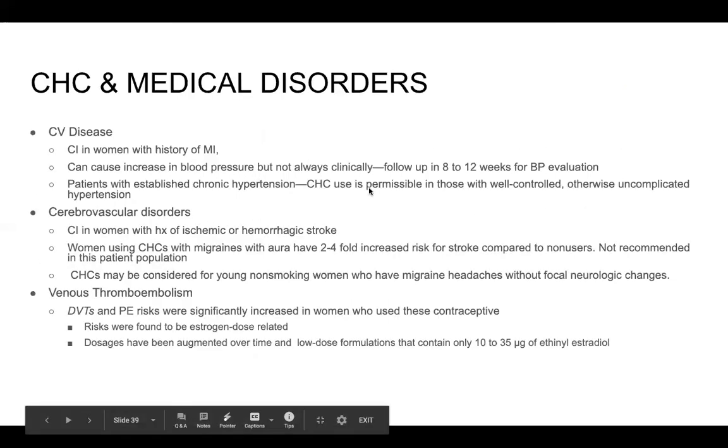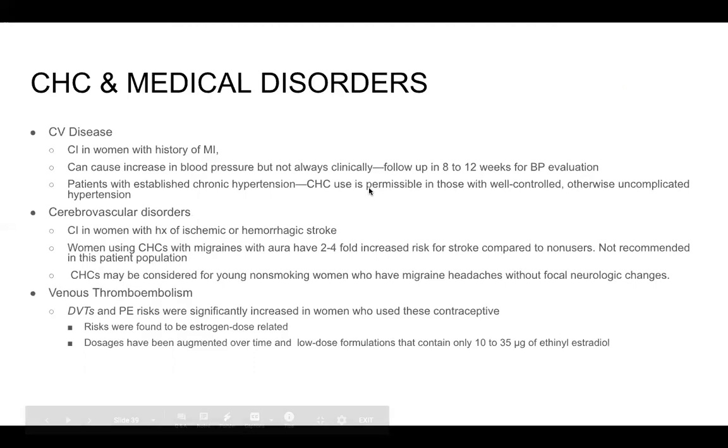So the next couple of slides are the big ones on using estrogen, progesterone, and related medical disorders. What you typically hear are the cardiovascular diseases. It's contraindicated to use estrogen in women with a history of an MI.